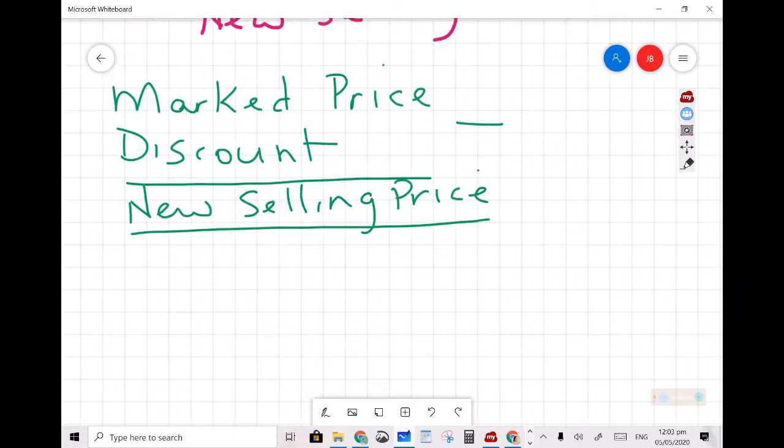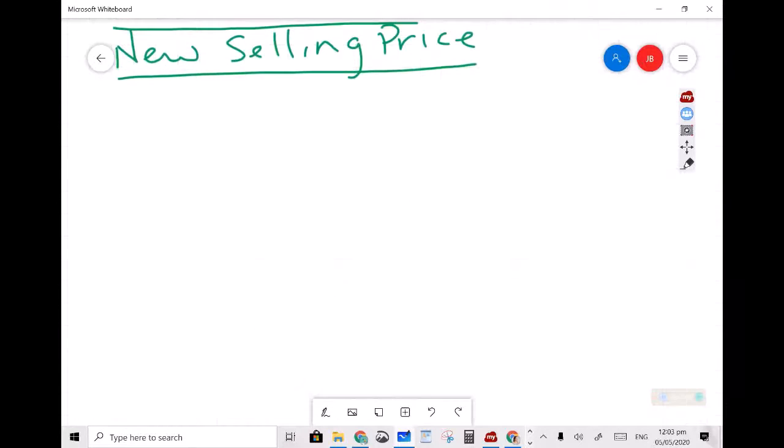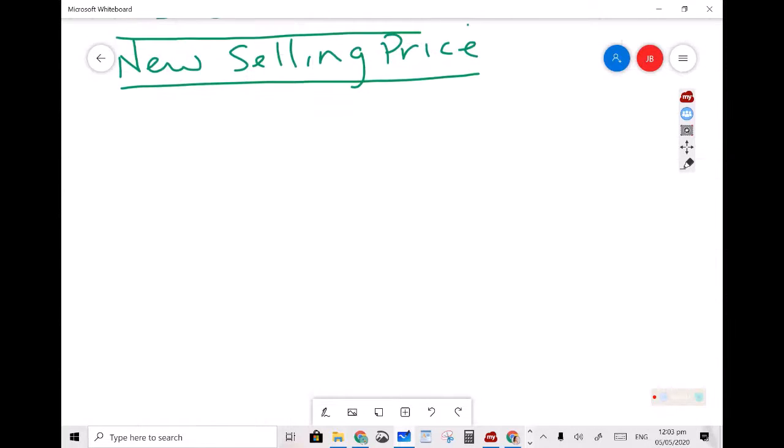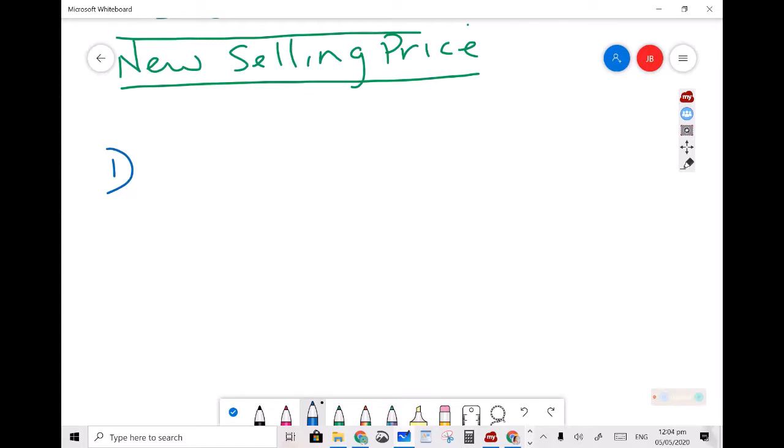Okay, so we're going to take a look at our first example. So I'm going to use abbreviations. So MP will be marked price of $12.50.